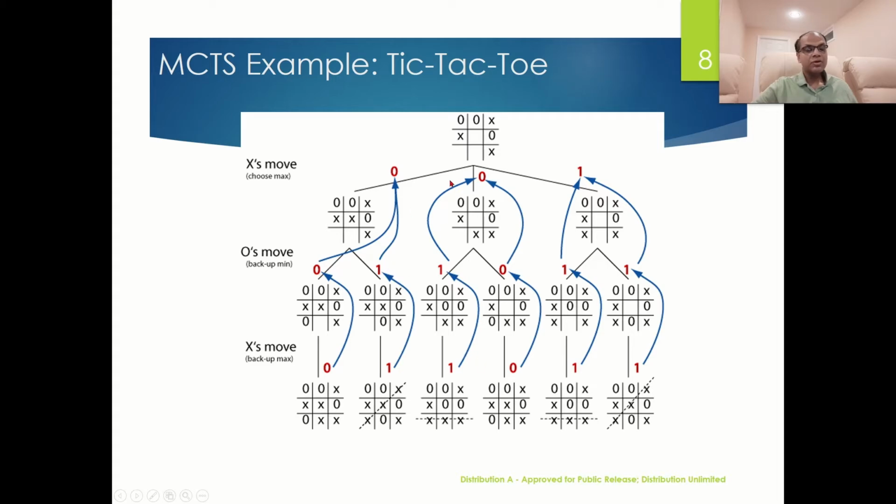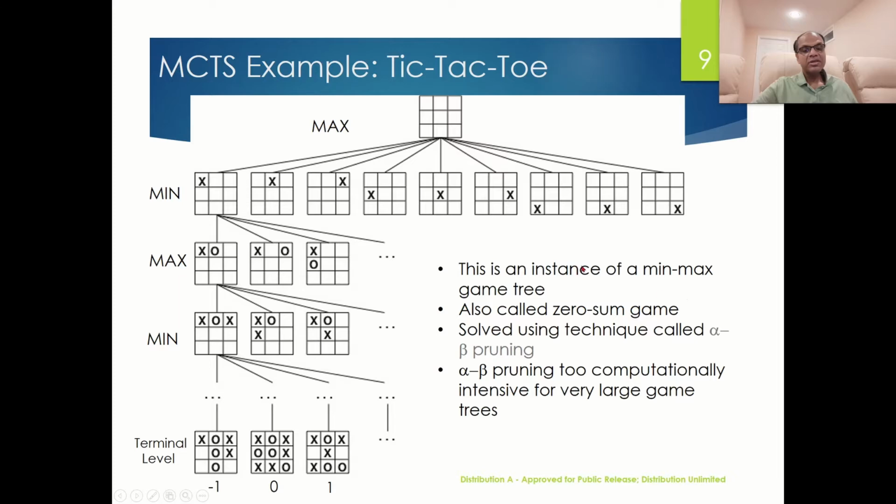That is what I'm showing on this slide. As you can see, the leftmost branch at the top is labeled a 0, and that 0 comes from down under. And similarly, the rightmost branch is labeled a 1, and once again, that value of 1 is back propagated from the leaf level.